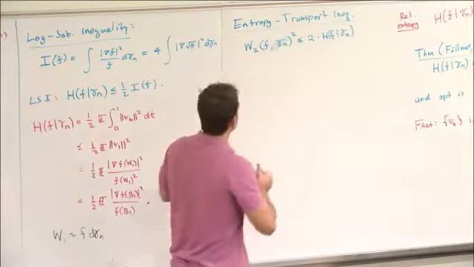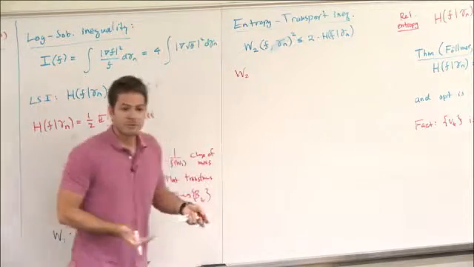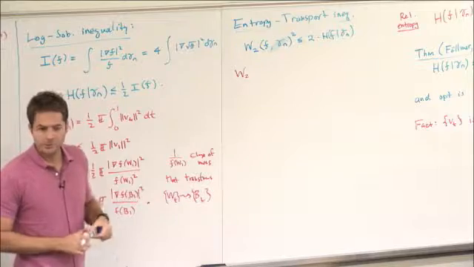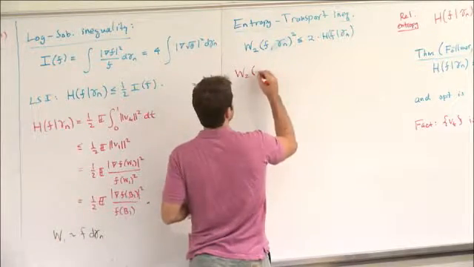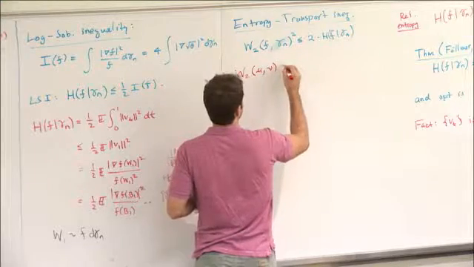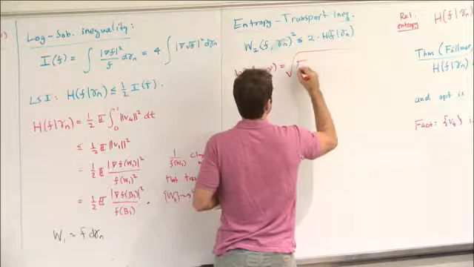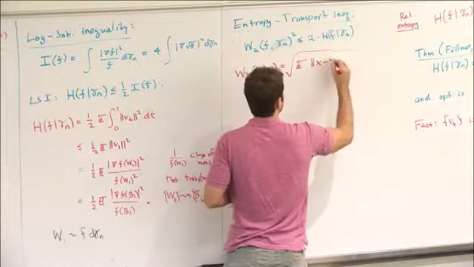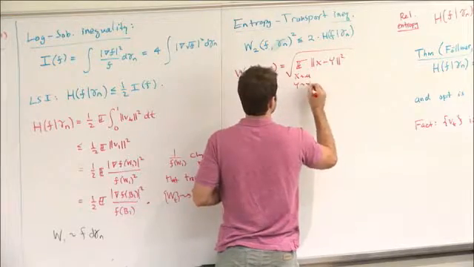Okay, and just very quickly, what is W2? W2 is the earth mover distance between the two distributions. So in general, W2 between two distributions, you can write it in probabilistic notation like this.